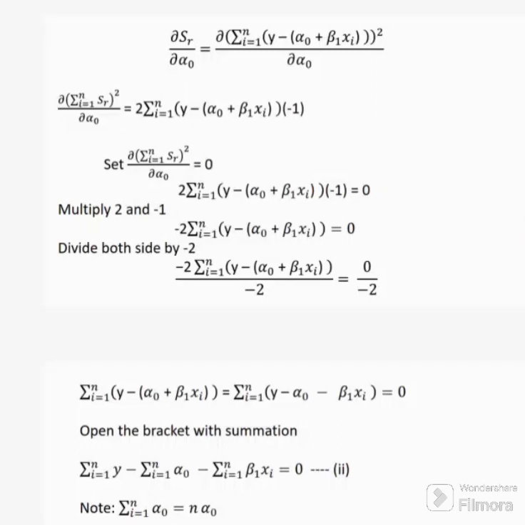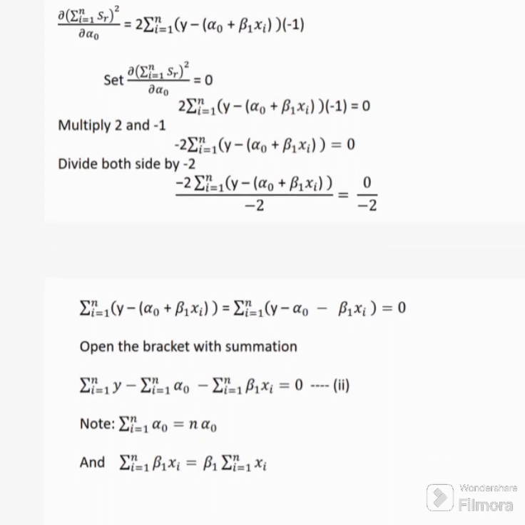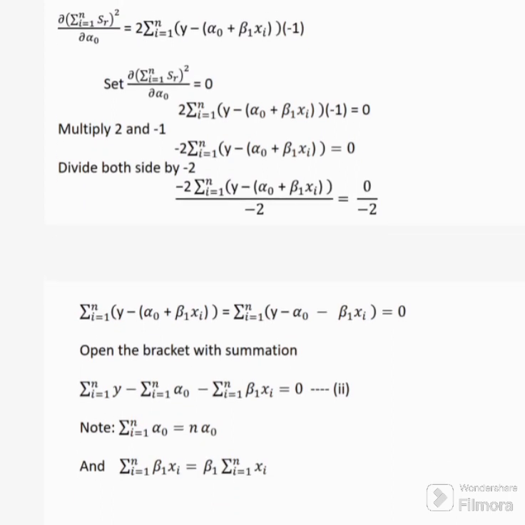And this is the first derivative with respect to alpha naught. So after we took the first derivative of equation 1, we obtain this equation. And the next step is to set the left hand side to 0.